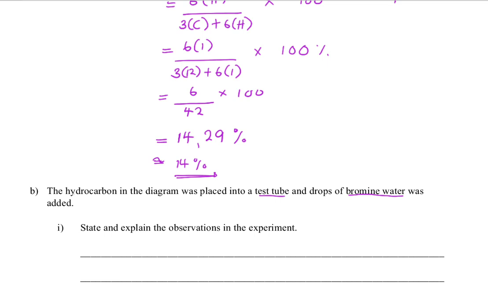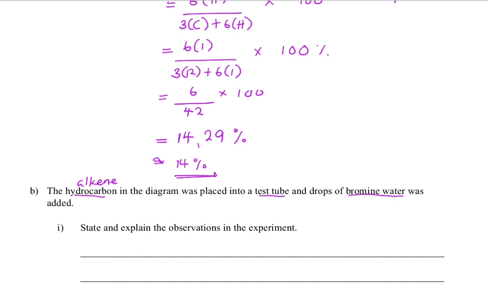So here we just say the alkene, since we saw that it is an alkene, was placed in the test tube, and then drops of bromine water were added.